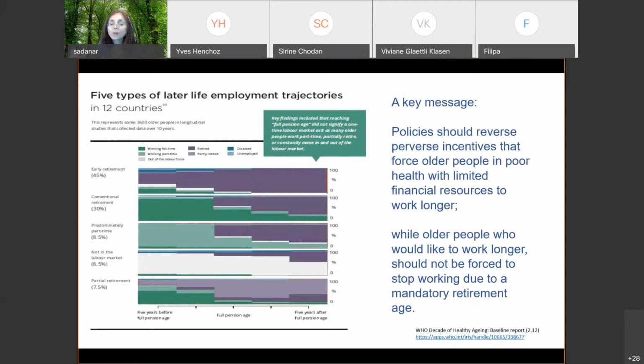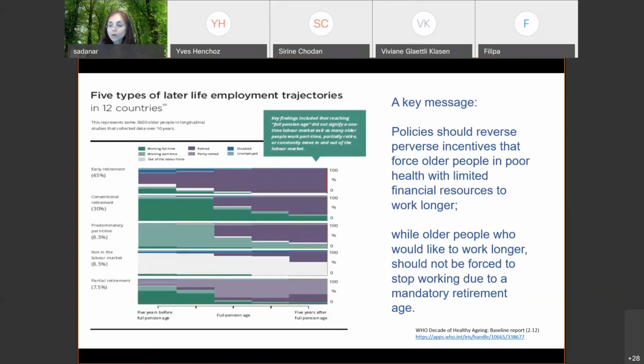They looked specifically at labor market experiences of older people 5 years before and 5 years after country and gender specific retirement ages.